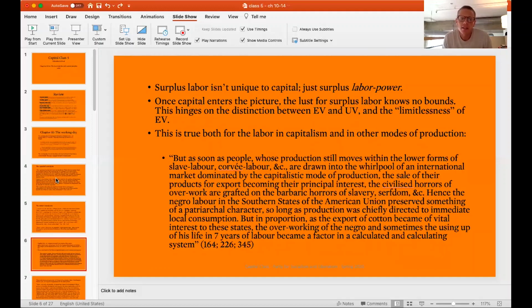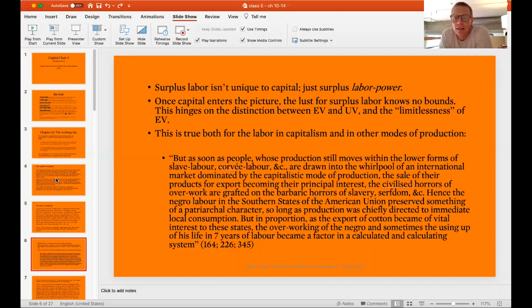So then Marx tells us that surplus labor isn't unique to capital, just surplus labor power, right? Any society requires surplus labor so that it can prepare for droughts or bad seasons, pandemics, for example. But it's really surplus labor power as a commodity, as a value, that's unique to capitalism. And once capital enters the picture, the lust for surplus labor knows no bounds, right?